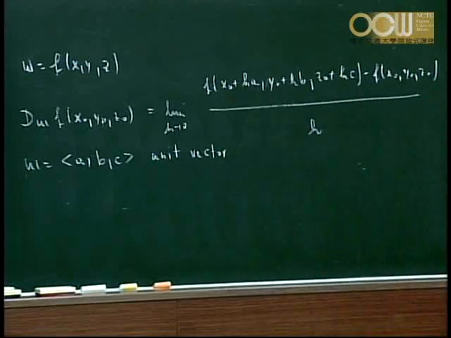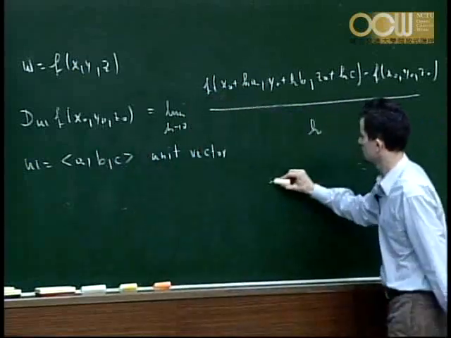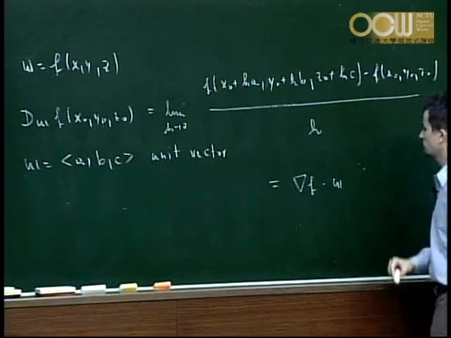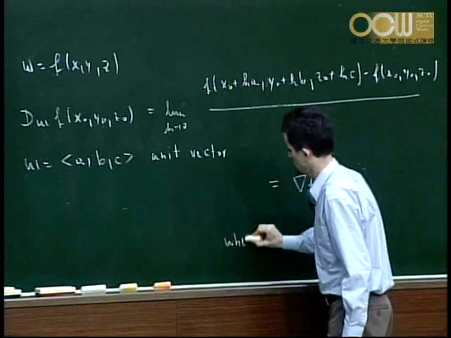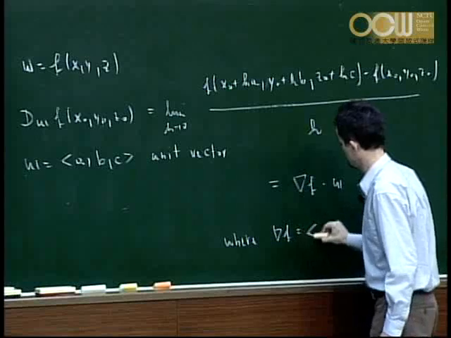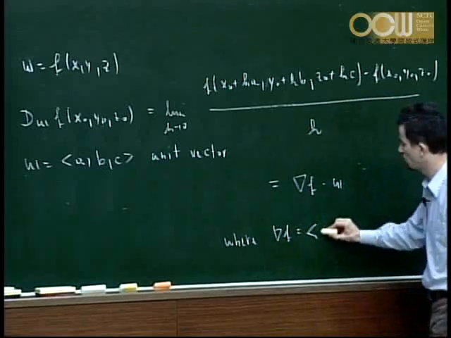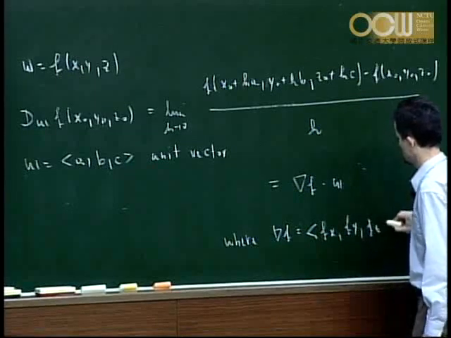And again, if f is differentiable, then this can be computed as the inner product of the gradient with u, where the gradient here is now also a vector in space with coordinates the partial derivatives.